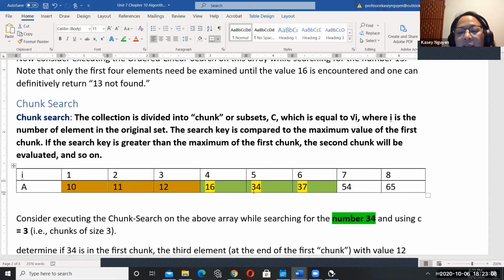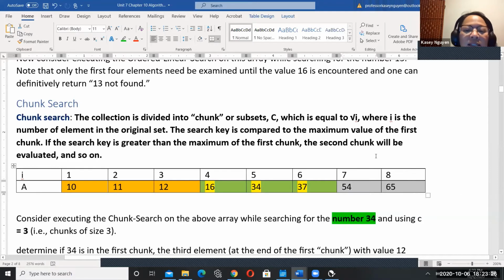Here the highest value for the second chunk is 37, so it knows that it's in the second chunk and it's going to find it there. It's going to disregard the rest.